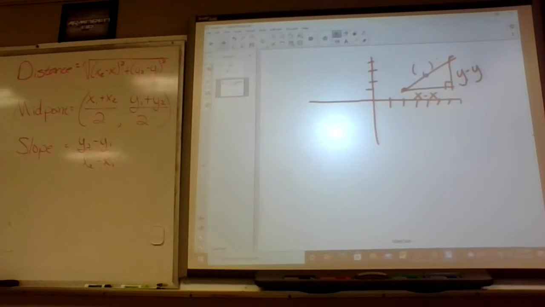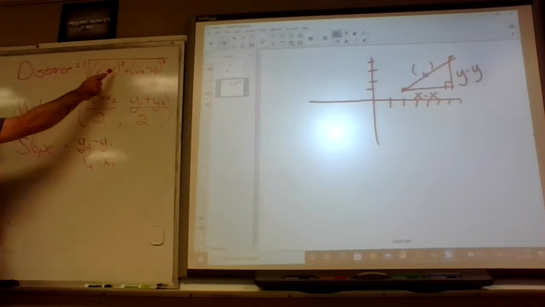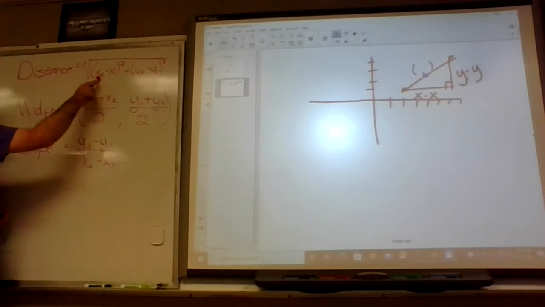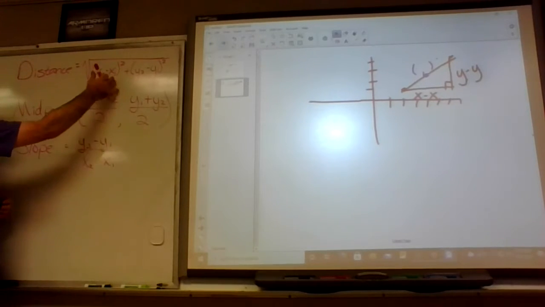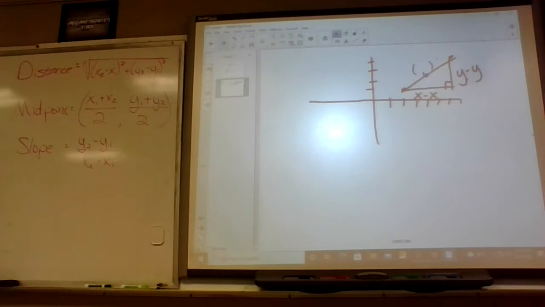You guys know what the little 2's and 1's stand for? Not squared, those right there. First one, second one. Does the order matter? If I do 7 minus 4 or 4 minus 7, does that change the value? This is 3, this is negative 3.